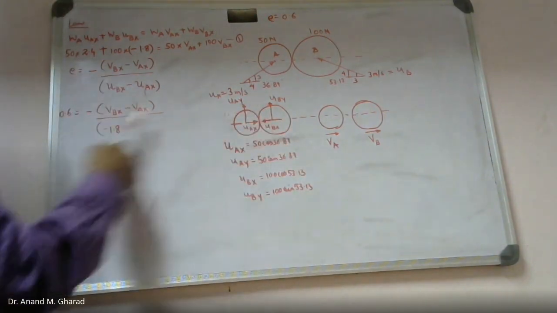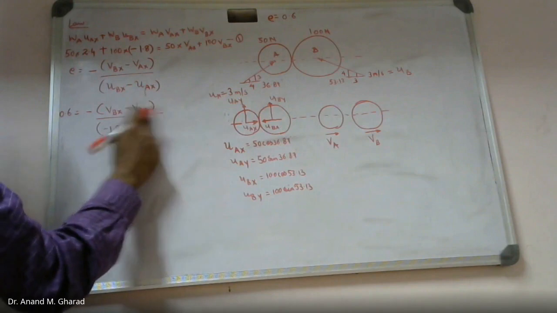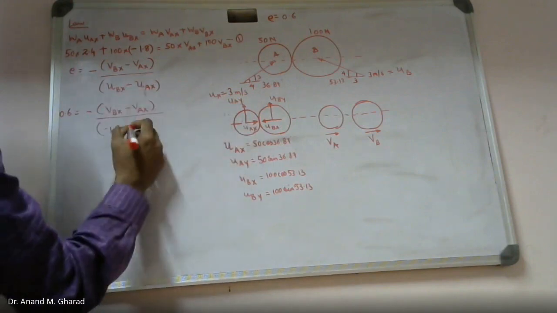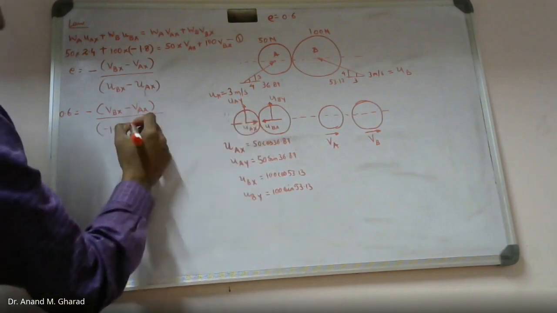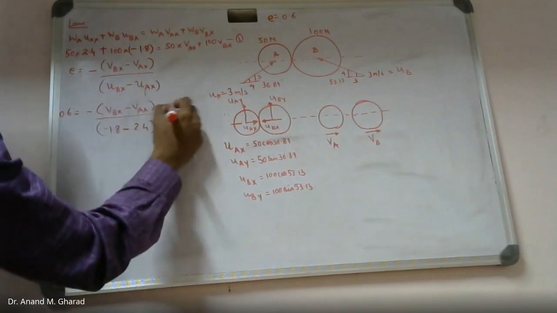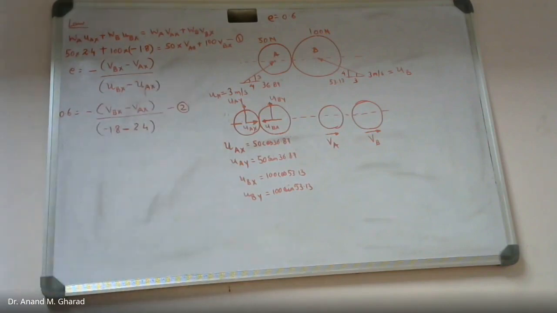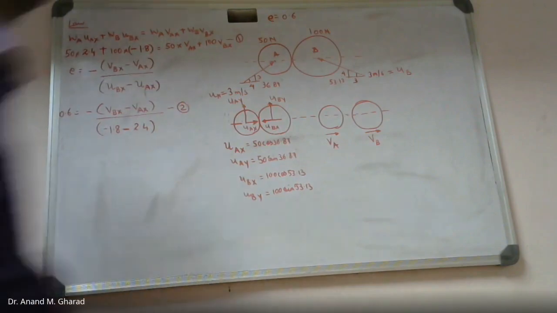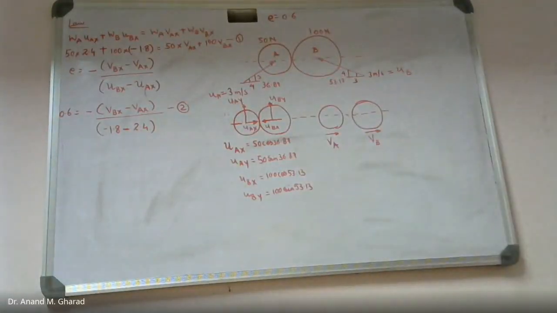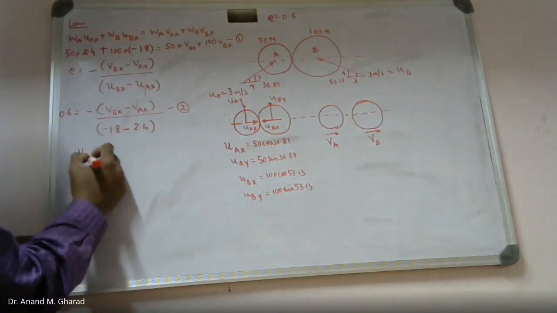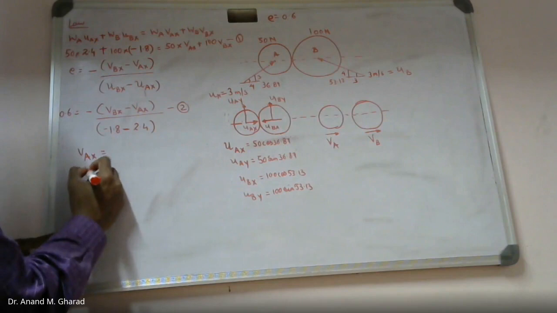Okay? So this is negative value, hence minus. UAX is actually in the positive direction, so this will be negative itself, and the value is 2.4. You will get some equation from this, and then you can solve these two equations. Once you solve these two equations, you will get VAX and VBX.